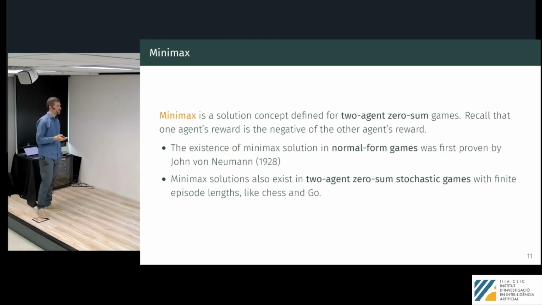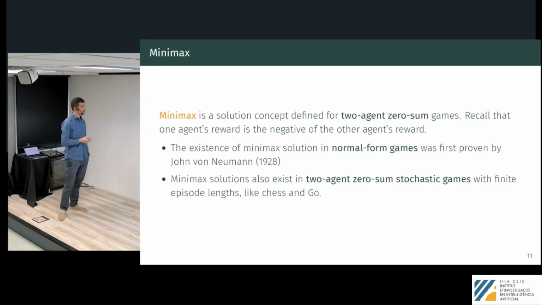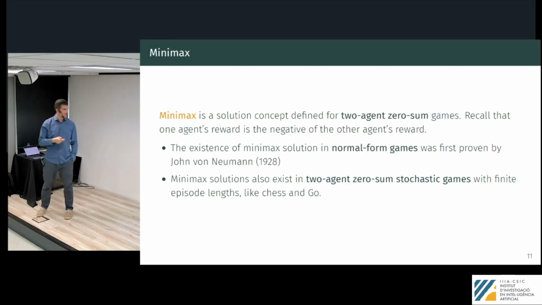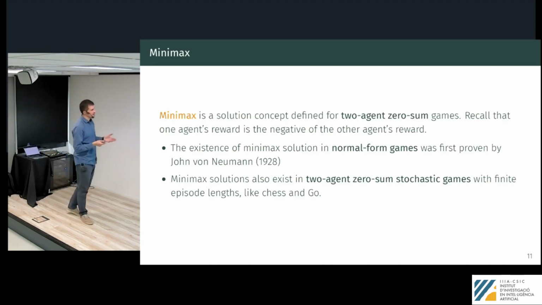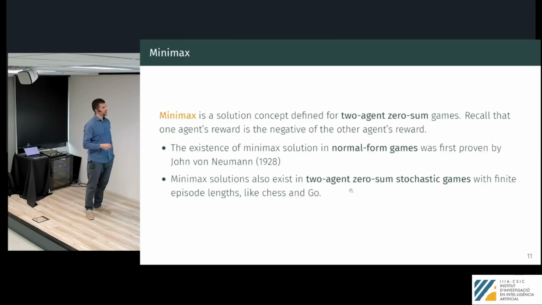This is one of these famous results by John von Neumann and Oskar Morgenstern, who first wrote up this result in some German publications, and then later in 1944, I think, wrote a book in English, which is the first foundational book for game theory that started the whole field, basically. So Minimax is a solution concept which is defined only for two-agent zero-sum games.